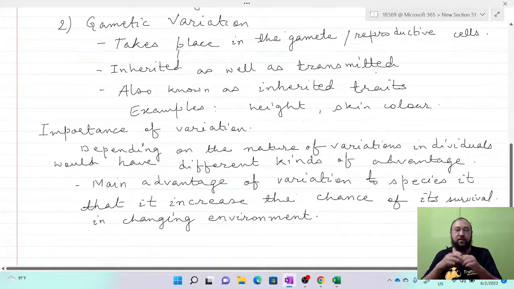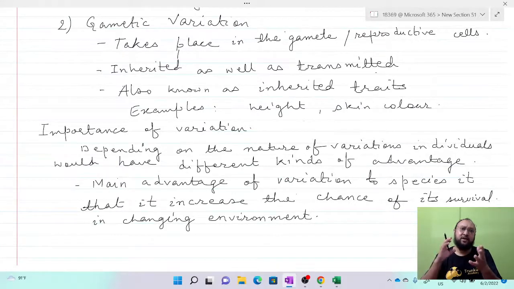So that increases the chance of survival, because the environment is changing, and the changed environment is not suitable for the particular organism. So that organism should adapt, should bring about some variations to adapt in the new or changed environment.